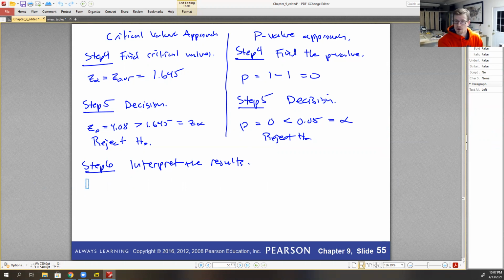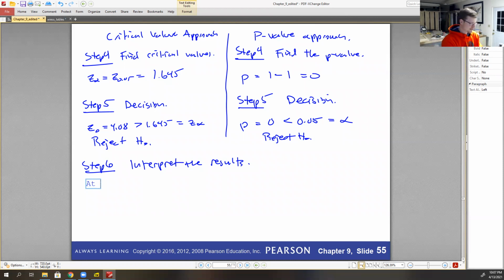So we should be very thorough and very clear in our interpretation. Now remember, our test is about whether we are rejecting or not rejecting the null hypothesis. Our conclusion, our interpretation, is with regards to the alternative, the thing that we may have wanted.